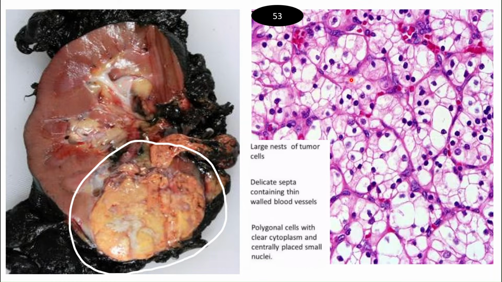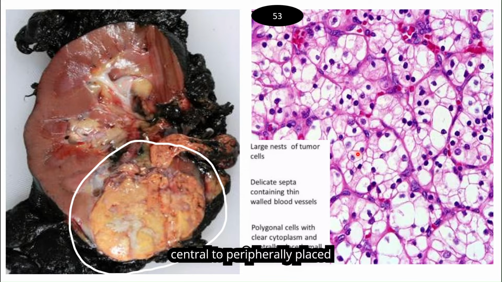So these are the polygonal cells with clear cytoplasm and central to peripherally placed nuclei. So this morphology, gross and microscopic features are in favor of renal cell carcinoma or clear cell carcinoma of kidney.